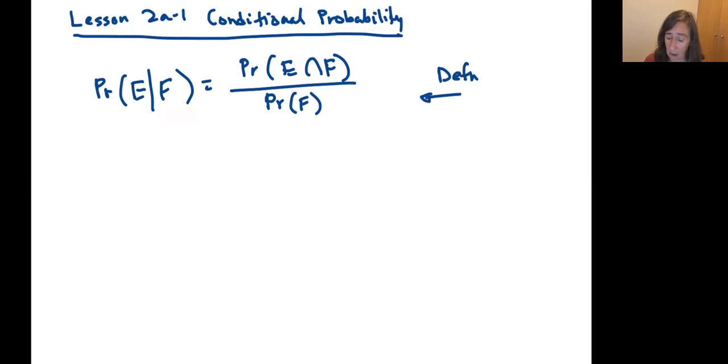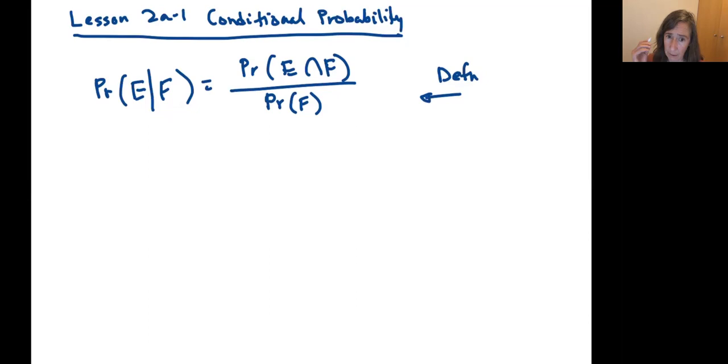So everything that is written on the right-hand side of the bar are things that are no longer uncertain. They're the world we're living in. They are now to be given here.